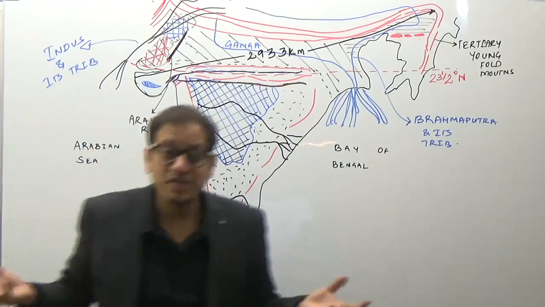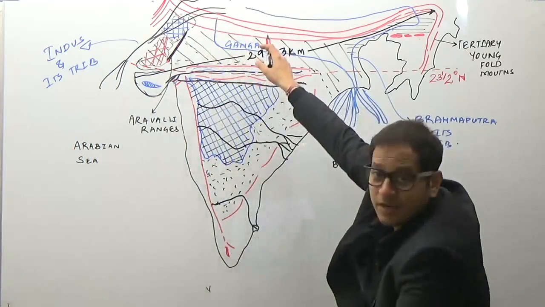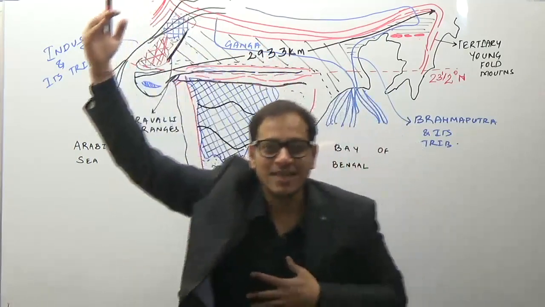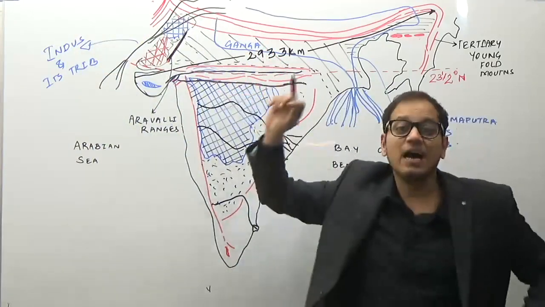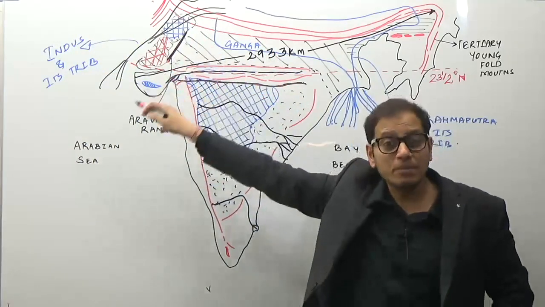So see how interesting our land is. We have the northern part here, which are the youngest mountain system, and because they are youngest, they are the tallest. And just to the south in the state of Rajasthan, we have the Aravalli ranges right from Delhi to Rajasthan to the Mount Abu region.